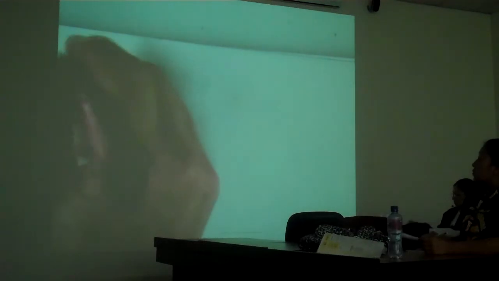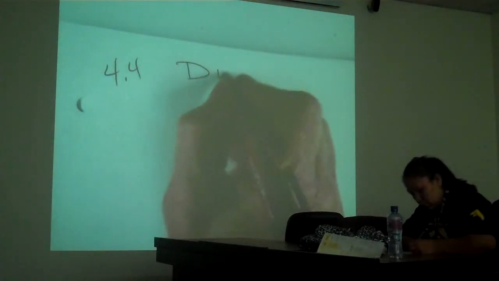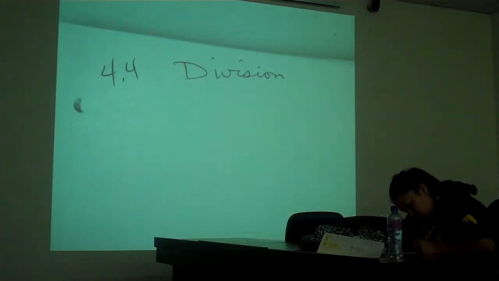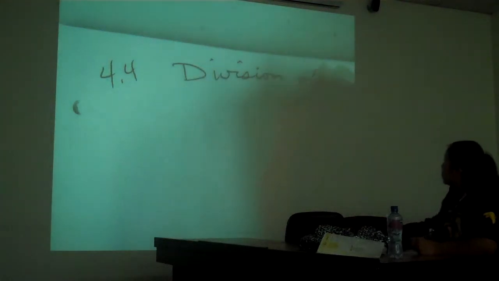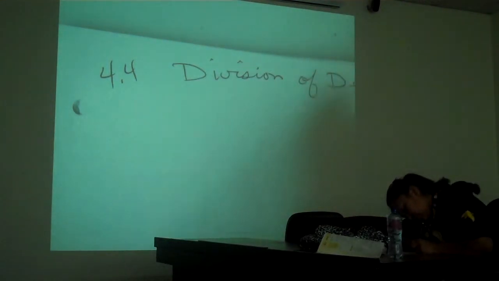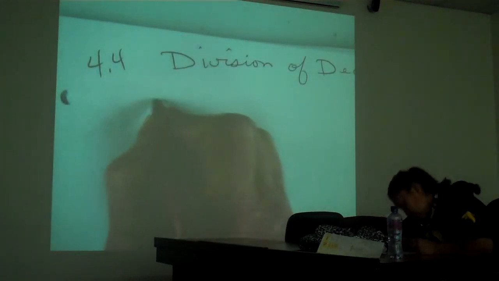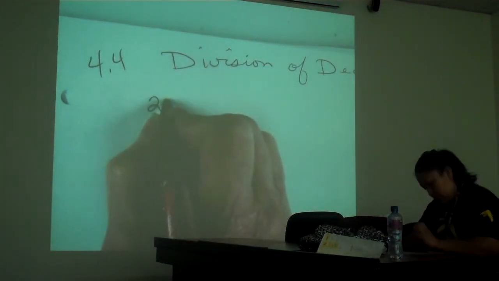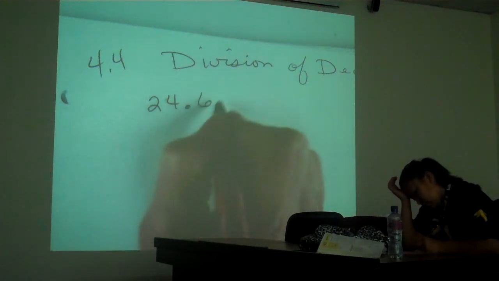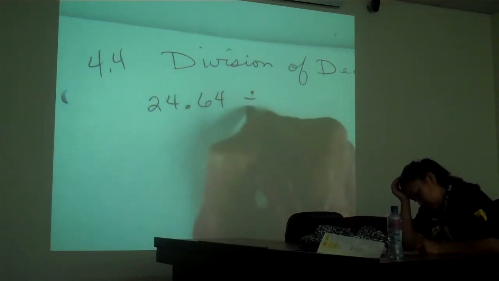Okay, 4.4 is division. Okay. If you have a decimal, this is division of decimals. You already know how to divide. Division of decimals. Say you have the number 24.64 and you want to divide it by 8.